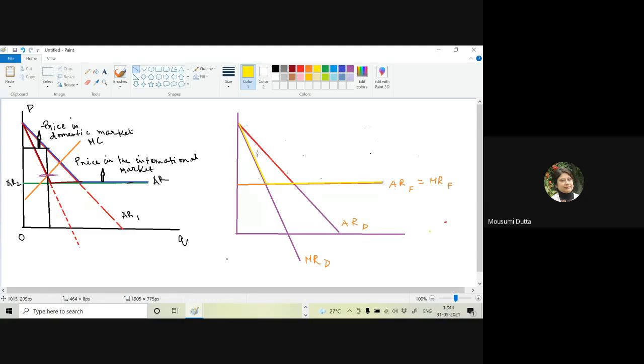So if you add these demand curves, the violet one with the orange one, you are getting the red one.